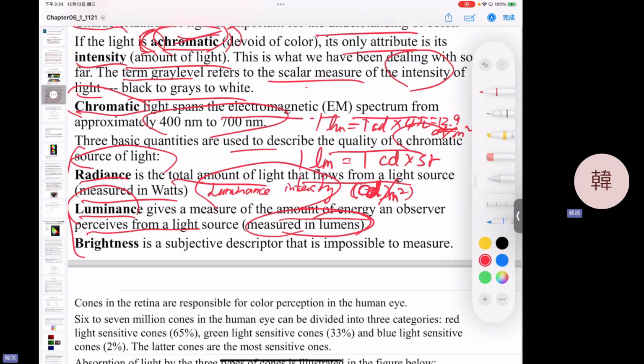Which means from 1 light source radiating to all different angles, it is about 12 lumens.